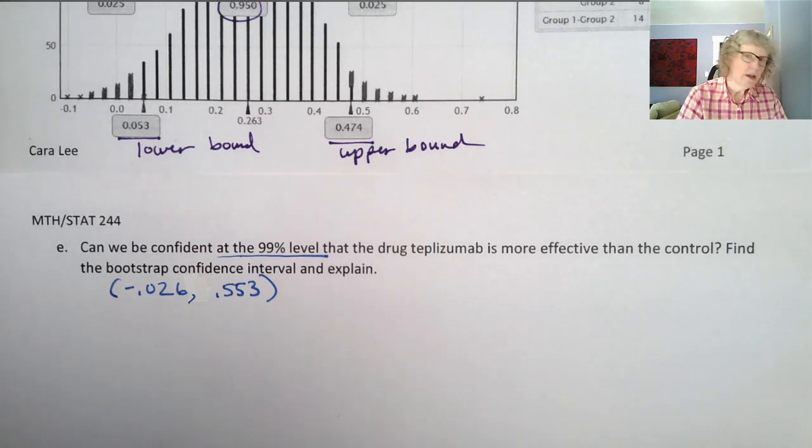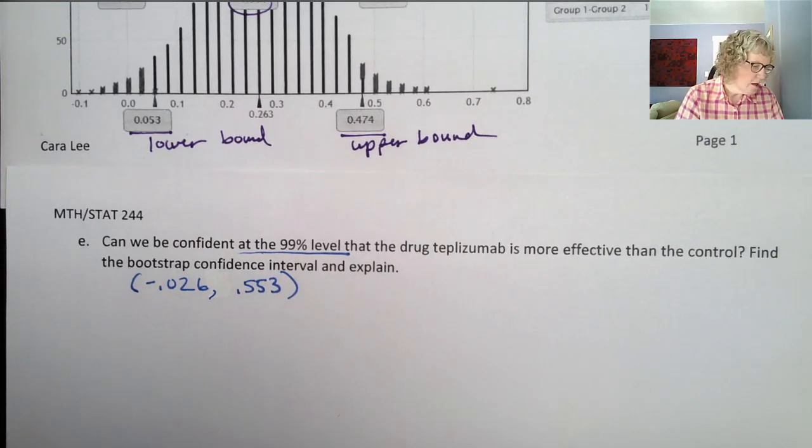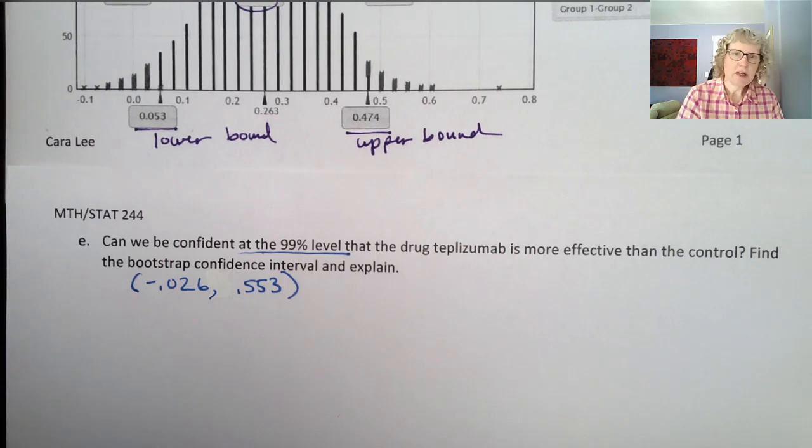So the way we would write this one, I don't want to use quite the same way I wrote the other one. When 0 is in there, we're going to say there's not a significant difference.